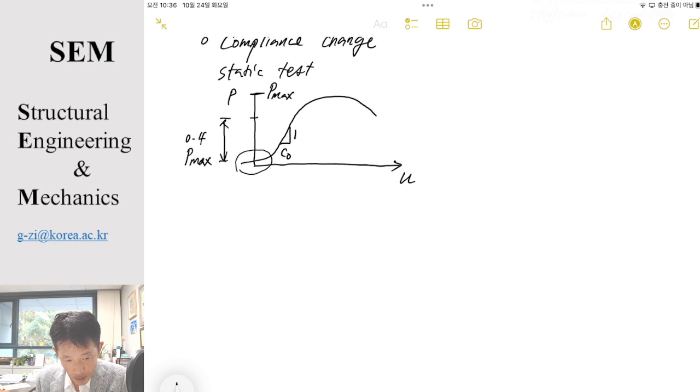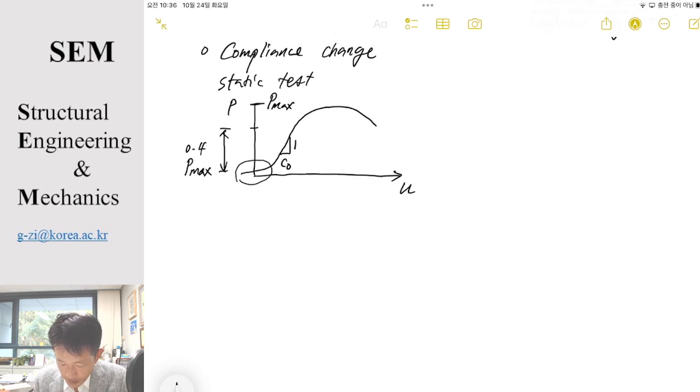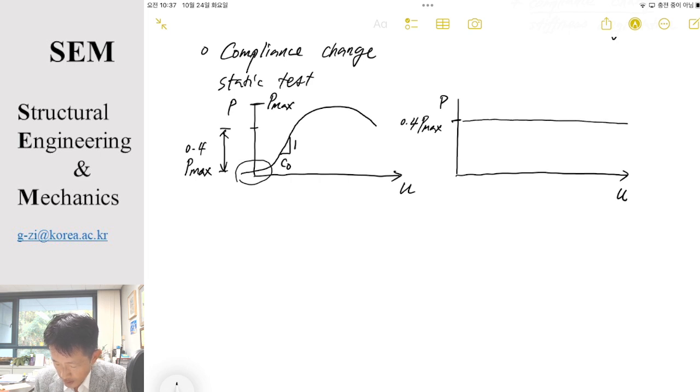Okay, let's talk about what happens in repeated loading. This is displacement U here and the load P, and let's say we want to use about 40% of the maximum load. Then the magnitude of the load range is fixed, and we apply load and then we unload.